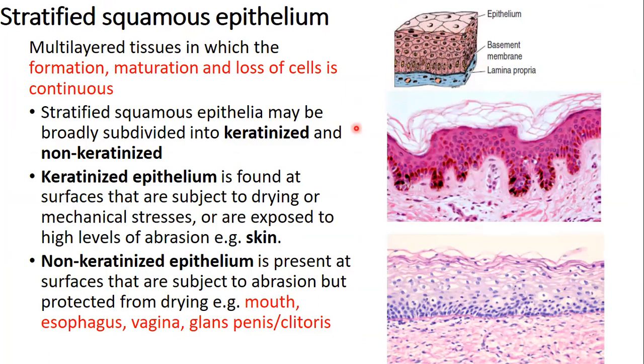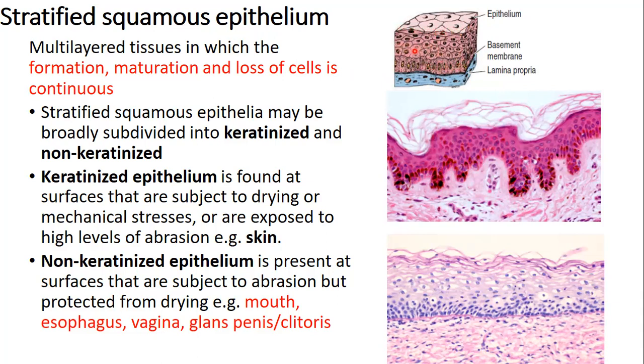Now, how do you classify this? Because it's now confusing, because apart from having multiple layers, is it stratified? Is it columnar? Is it cuboidal? So when you're dealing with multi-layered epithelium or stratified epithelium, you should look at the shape of cells in the superficial layer. Like here, look at the cells in the bottom. The cells in the bottom are tall.